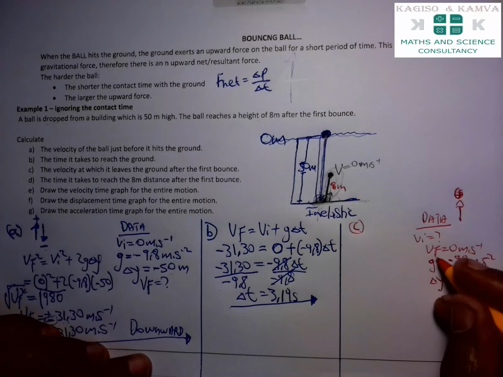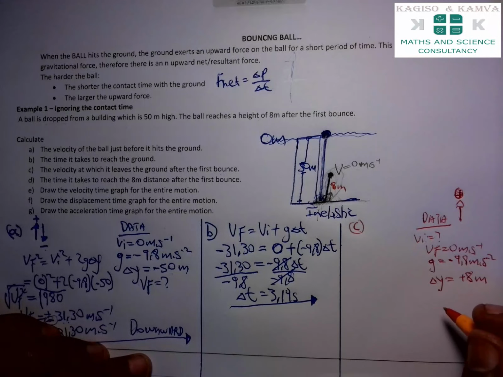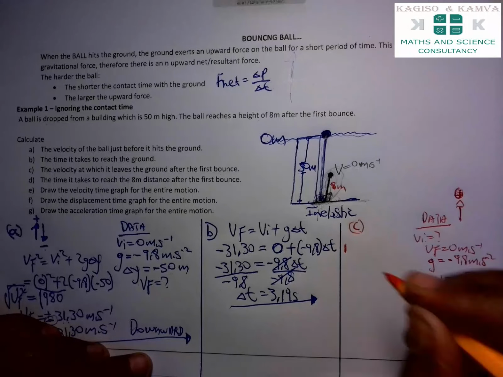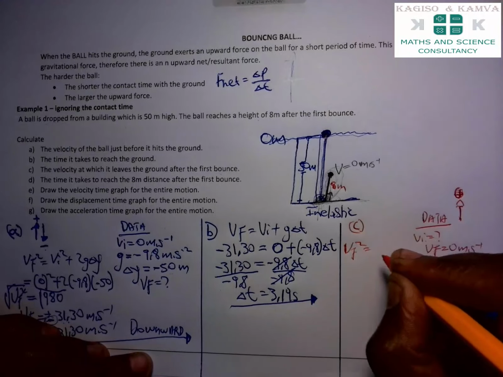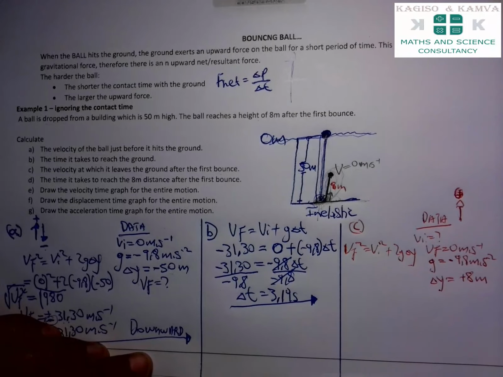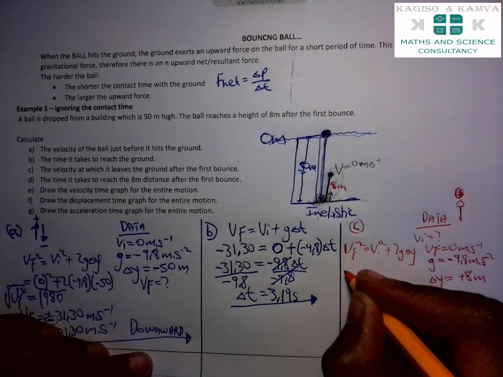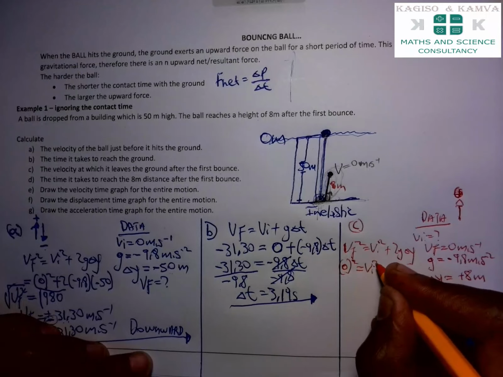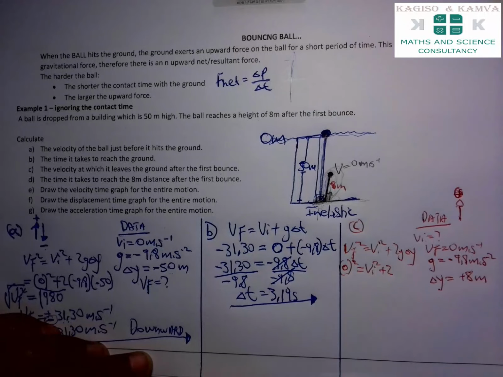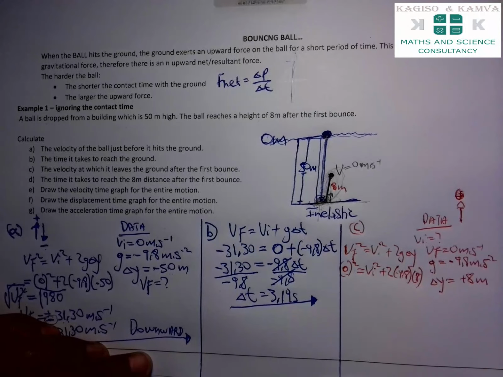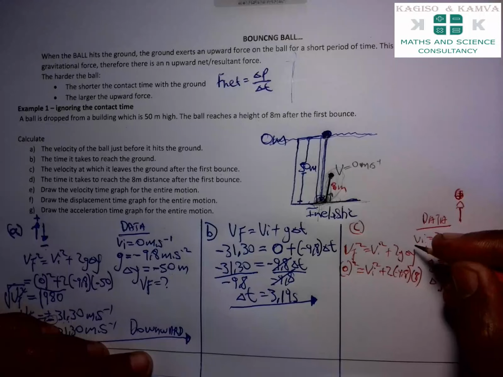So now we can find VI. How can we find VI? We can simply use the formula VF squared is equal to VI squared plus 2G change in Y. So 0 squared is equal to VI squared, which we're looking for, plus 2 times negative 9.8 times 8.